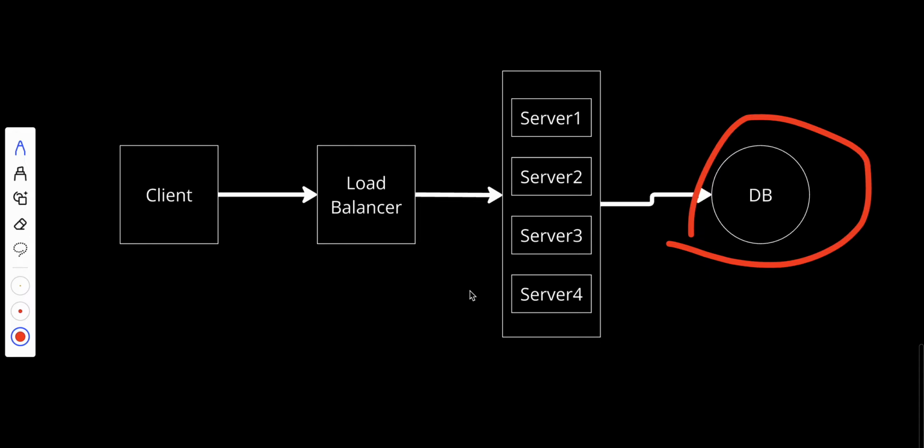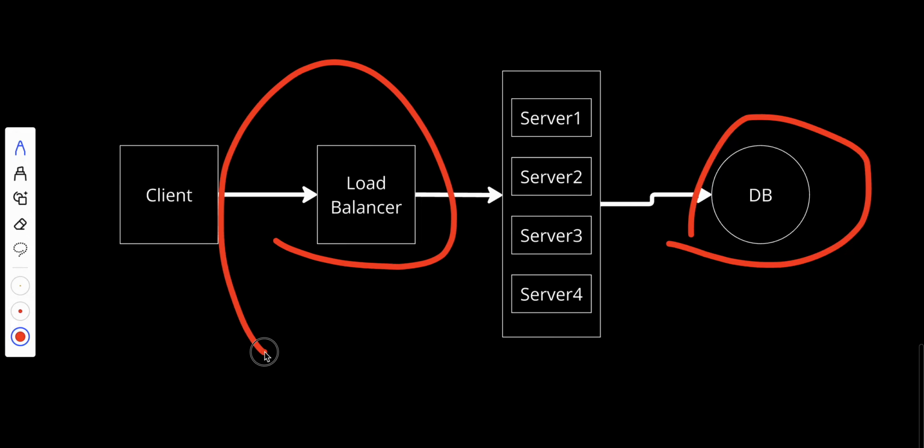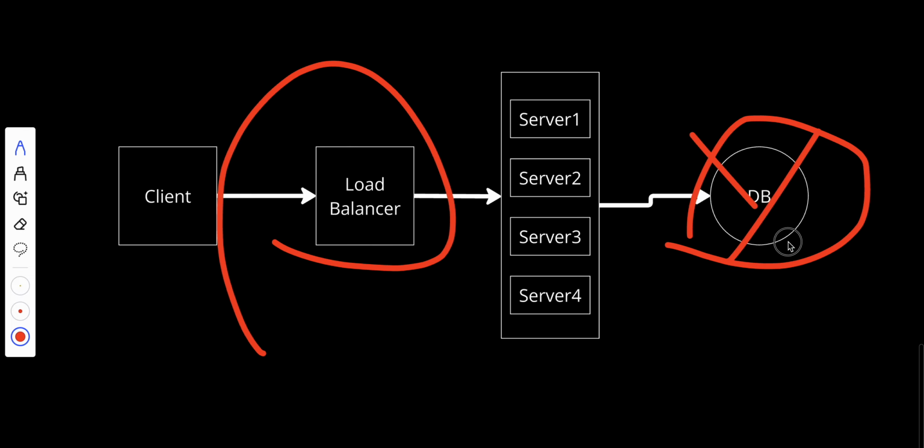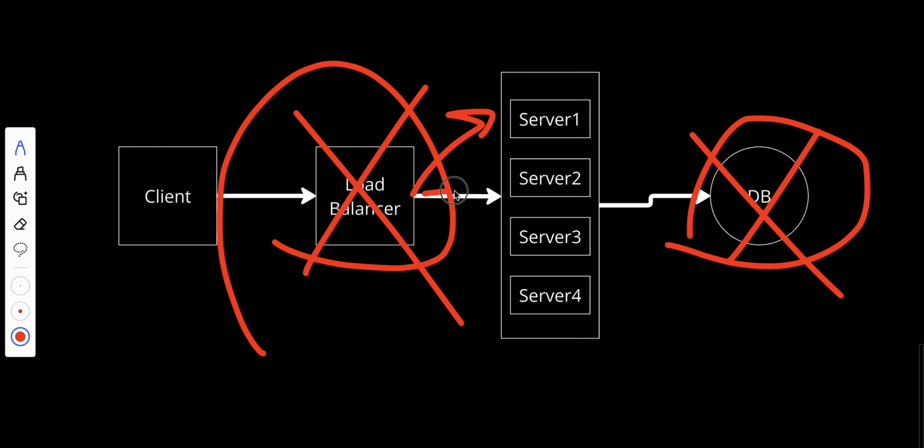So in our system, we have two single points of failure. We have one load balancer server, and we have one database server. If the database server goes down, we have no data, and we cannot make any orders. If the load balancer server goes down, the client cannot send any request, and if the client sends the request, there is no load balancer to distribute all the incoming requests across the servers.